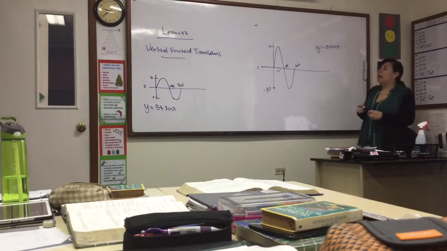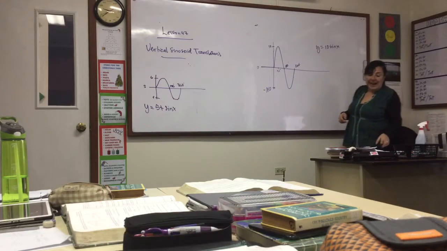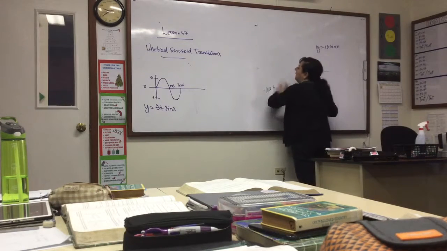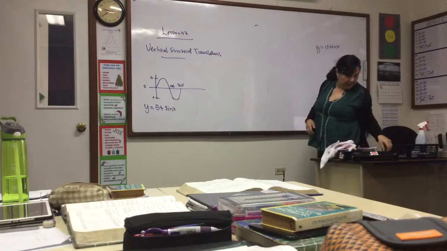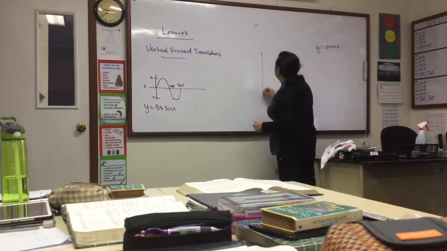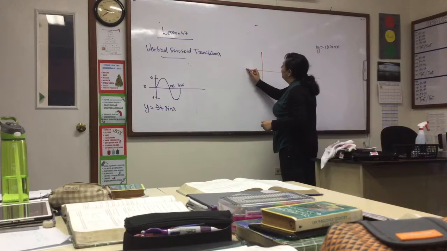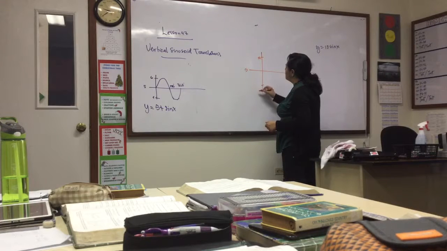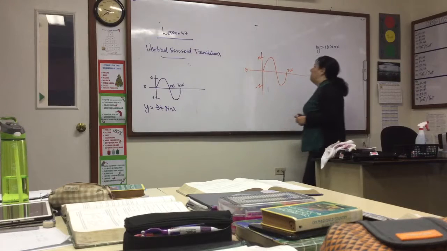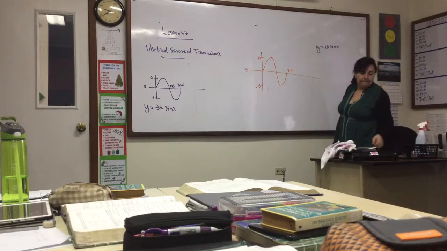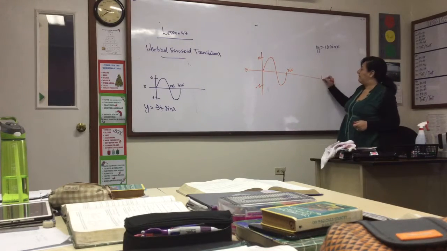Does that make sense? So what would happen if I combine the two? I'm going to give you a completely different graph, and you tell me what the equation is. Y equals 5 plus 10 sine of x.